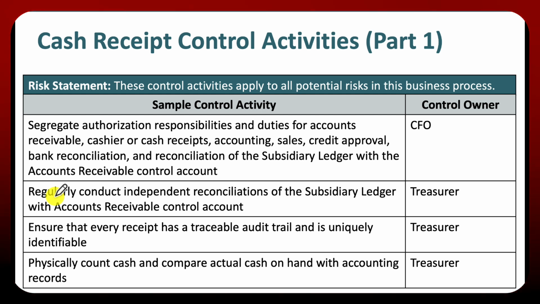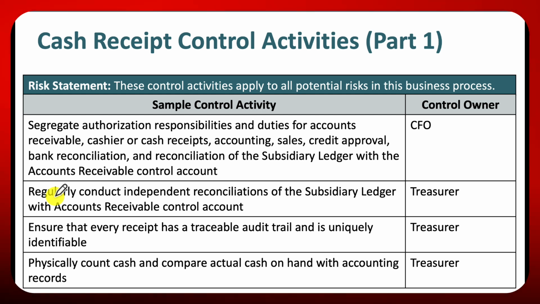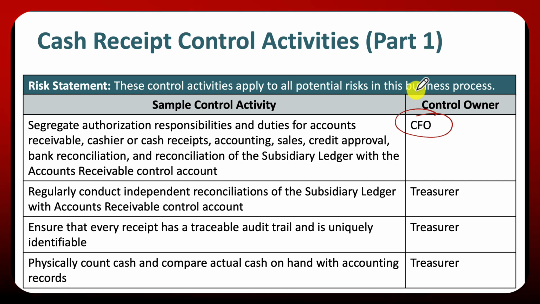Then we have control activities around cash receipts. As a former CFO, I always start off with the CFO as the control owner. As a CFO, you might segregate authorization responsibilities for accounts receivable, cashier, cash receipts, accounting sales, credit approval, the bank reconciliation, and even the reconciliation of the subledger to the accounts receivable control account.